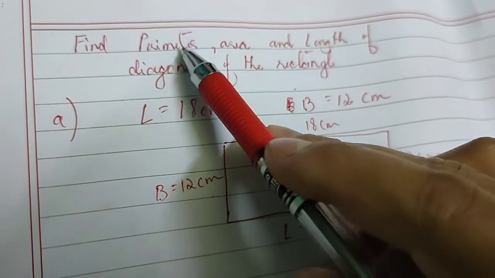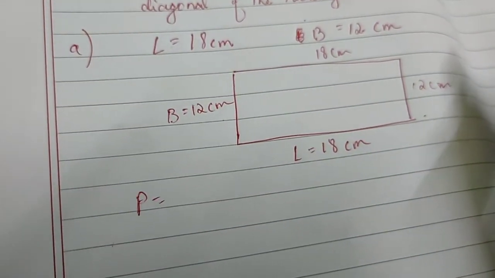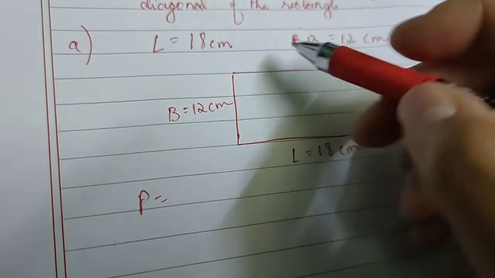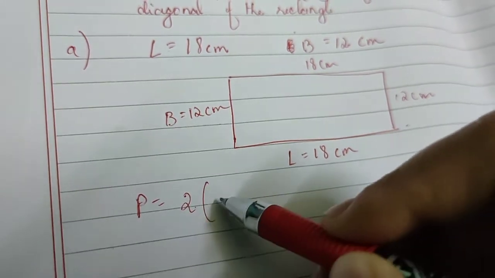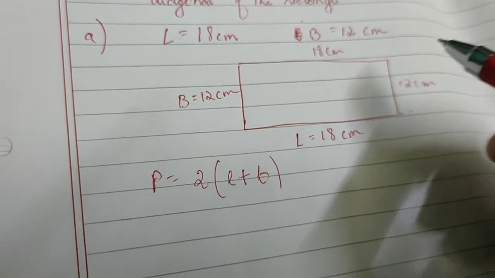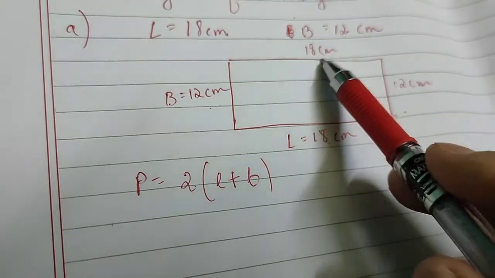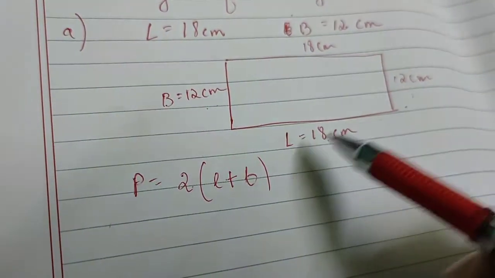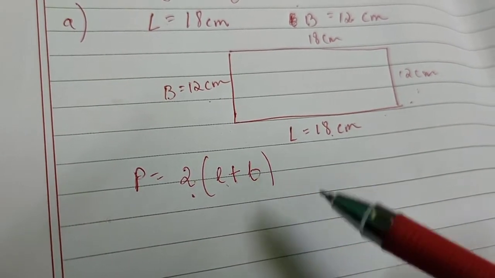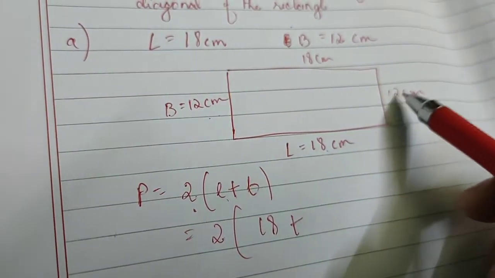Now first question is we have to find the perimeter. Perimeter is the boundary of a closed figure, the boundary length. So it is equal to twice into length plus breadth. Because you can add all this: 18 plus 12 plus 18 plus 12. All length we have to add up. So ultimately what you will get is 2 into L plus 2 into B. So calculate 2 into length 18 plus breadth 12.